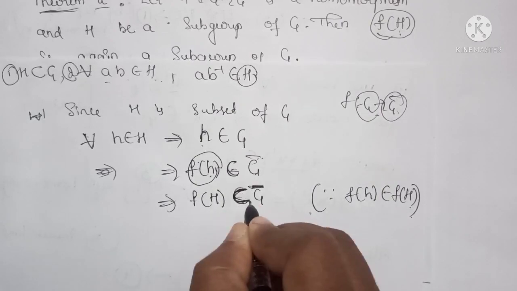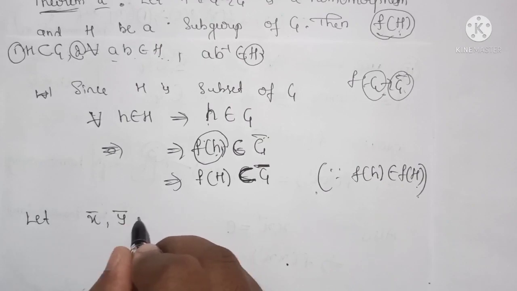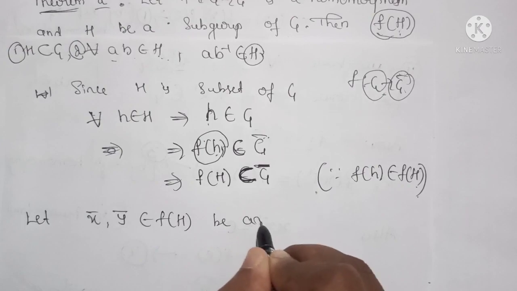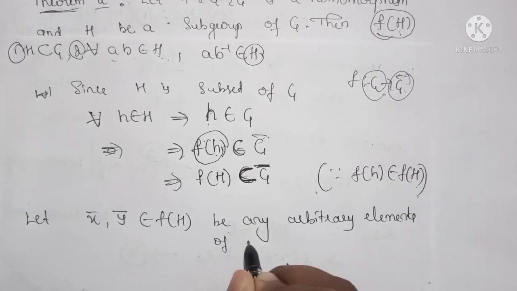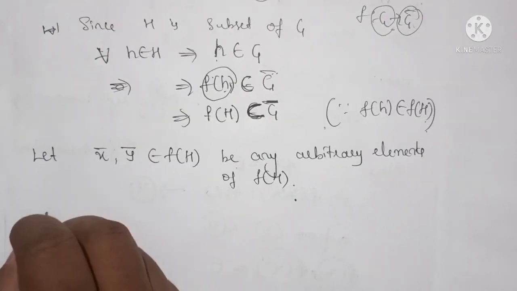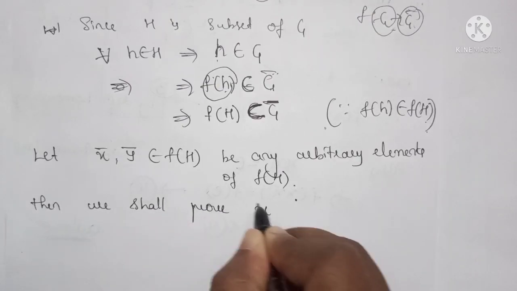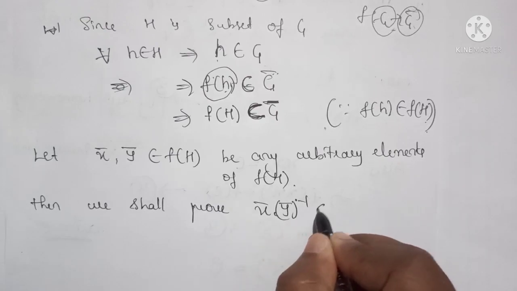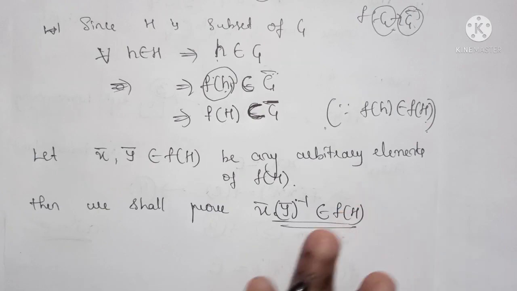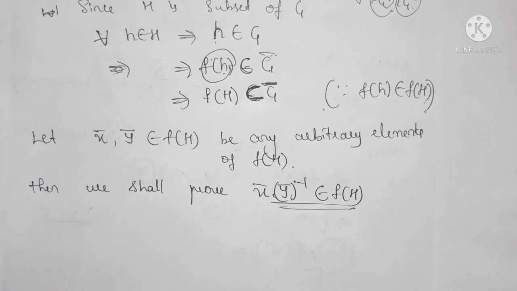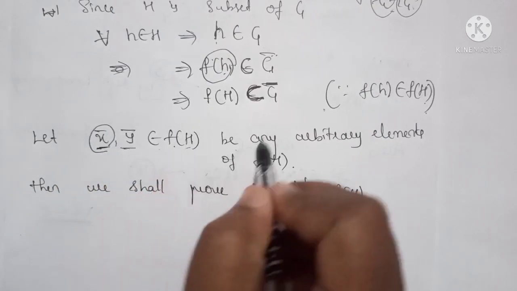Now we consider x bar and y bar belongs to f of H, any arbitrary elements of f of H. Then we shall prove x bar into y bar whole inverse belongs to f of H. If we prove this, then we can say that f of H is a subgroup of G. Here we have considered x bar and y bar belongs to f of H, so all the elements are of the form f of h.